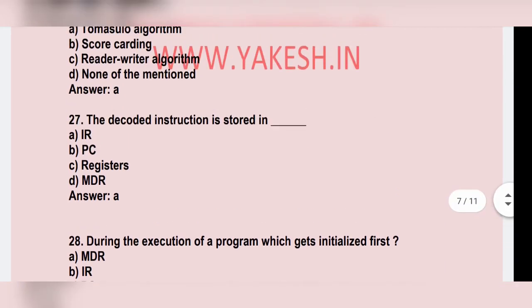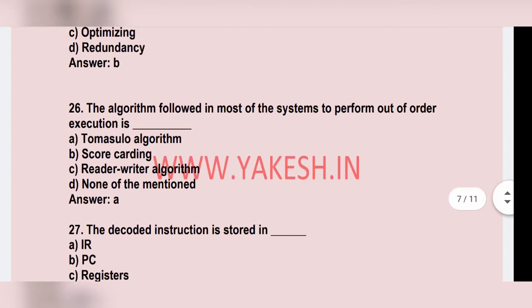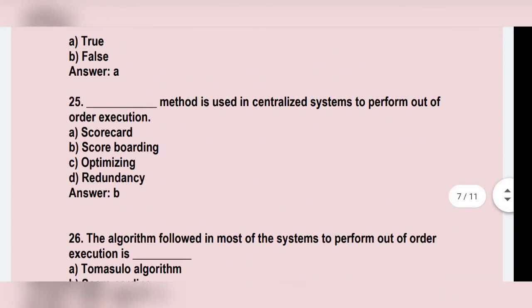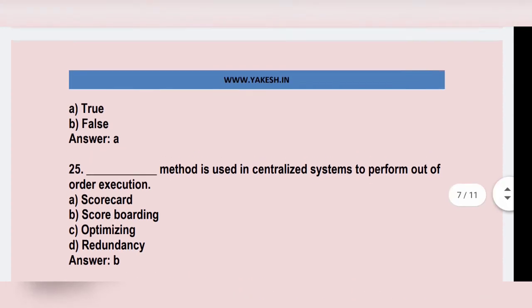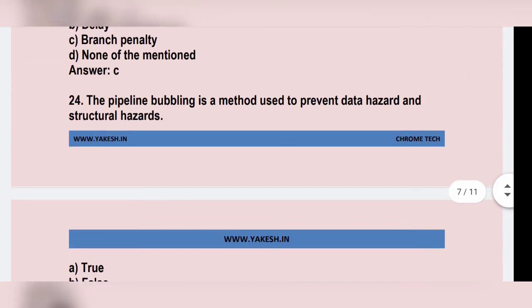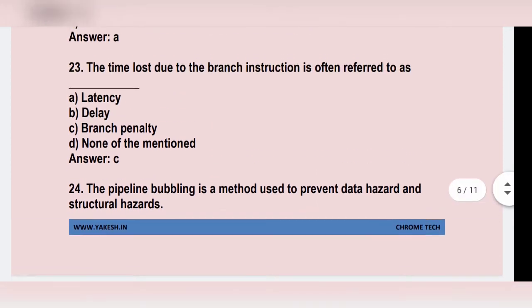Next question. The decoder instruction is stored in option A, IR. Dash method is centralized system to perform out of order execution. Option B, scoreboarding. The pipeline bubbling is a method used to prevent data hazards and structural hazards, true.